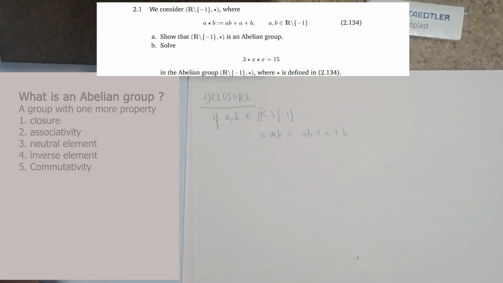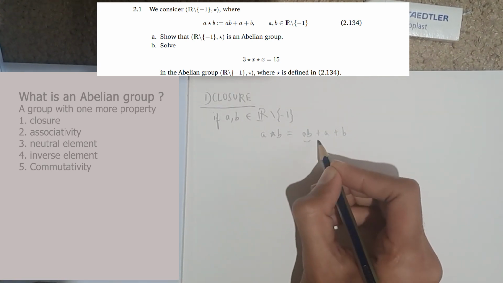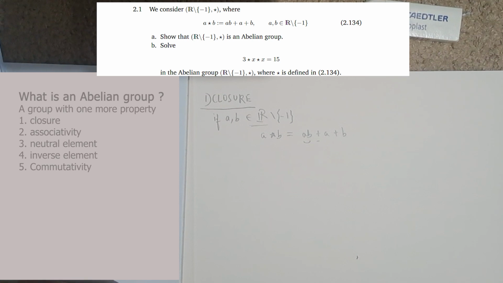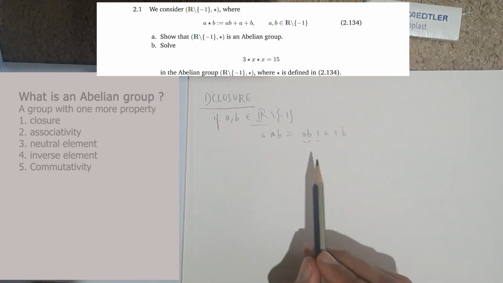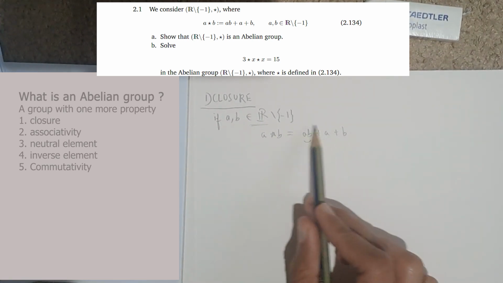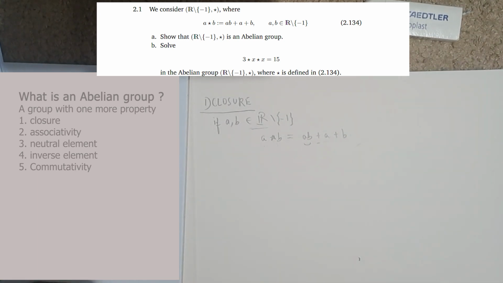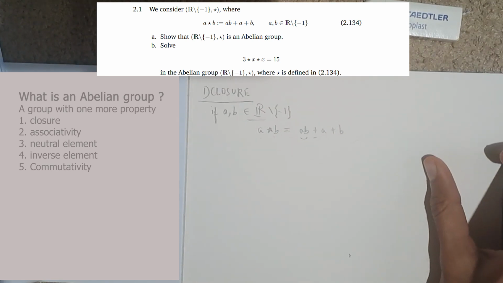Something you must know is that the operations of multiplication and addition are closed already under the real number set. So all I really need to prove is that this will never produce minus 1 as long as none of these are minus 1. Maybe let me explain that better.